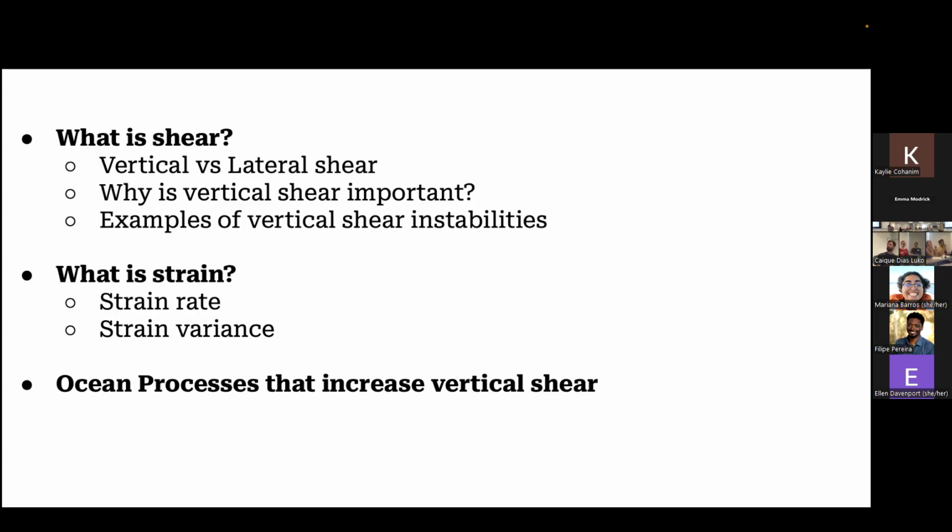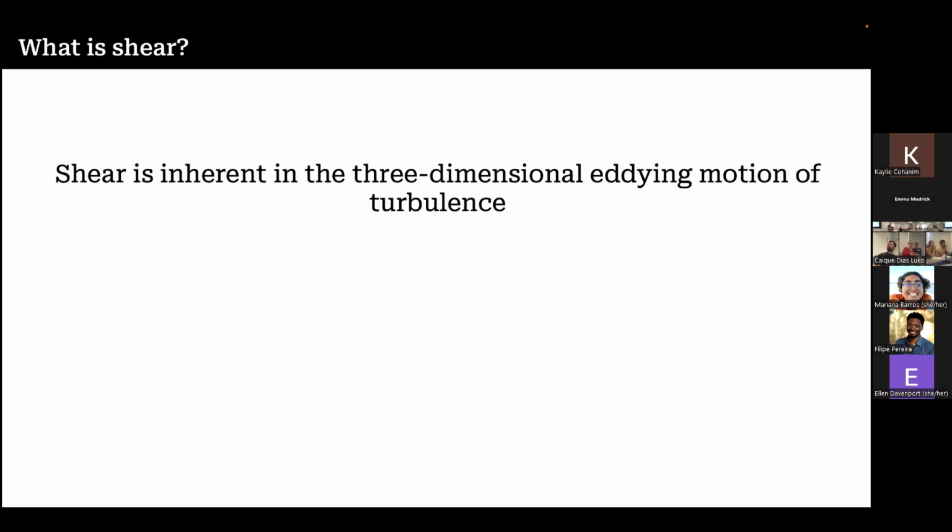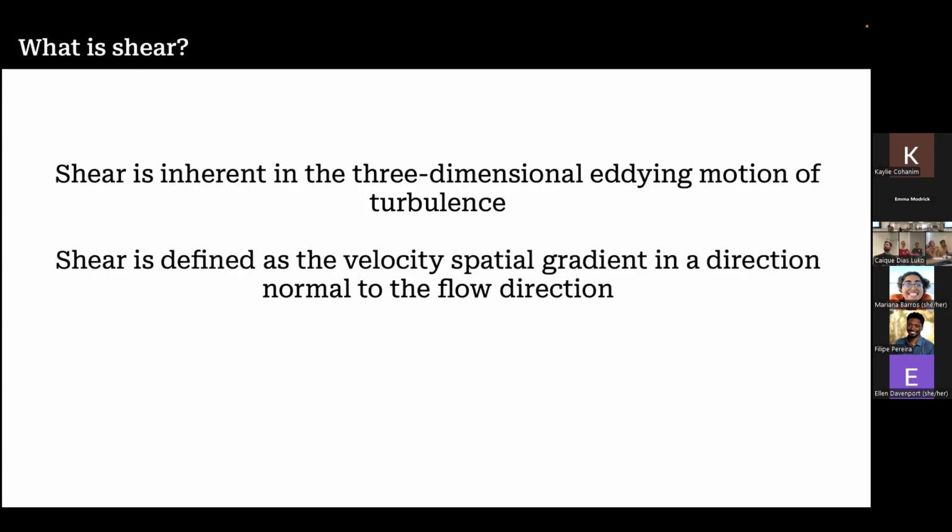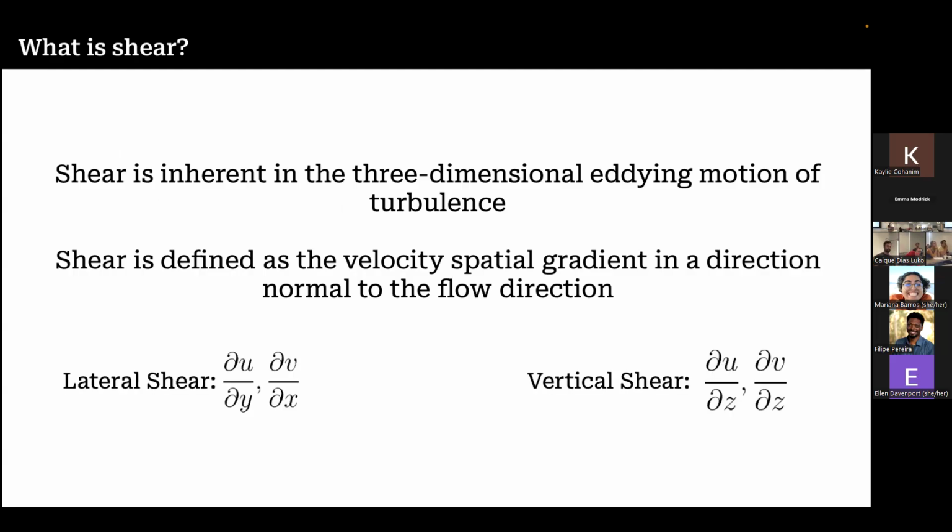So, shear is inherent in the three-dimensional eddy motion of turbulence, and it is defined as the velocity spatial gradient in a direction normal to the flow direction. So we can define, for example, lateral shear, the meridional derivative of zonal velocities, or the zonal derivative of meridional velocities, and vertical shear, which is just the change in depth of the zonal and meridional velocities.